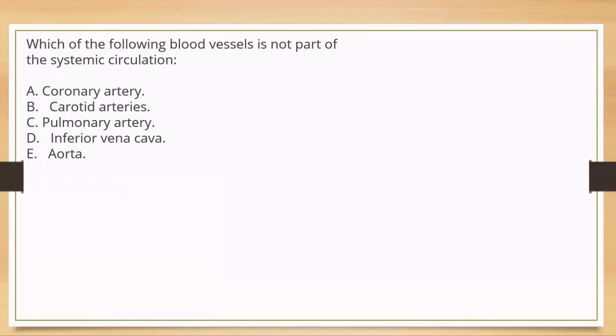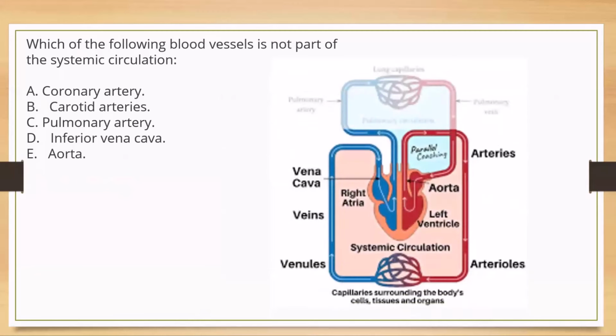Looking at our circulatory system, the highlighted part shows that the left ventricle, the aorta, the arteries, the arterioles, the venules, the veins, and the vena cava are all part of the systemic circulation. So from the options, which is not?